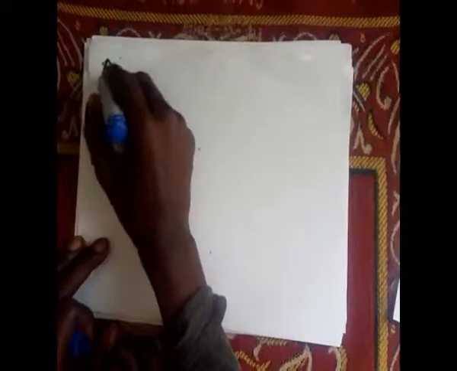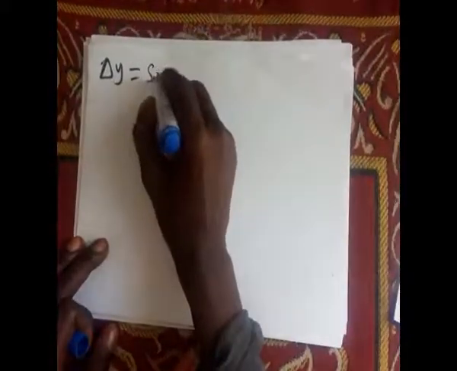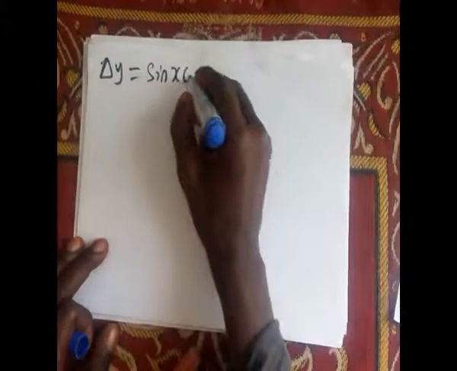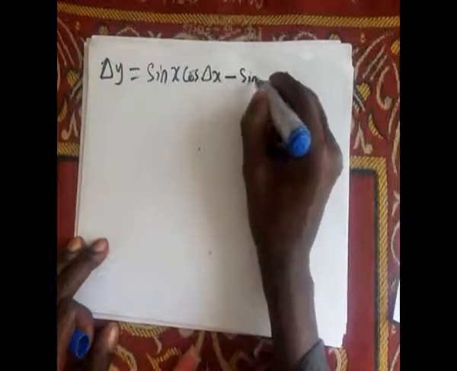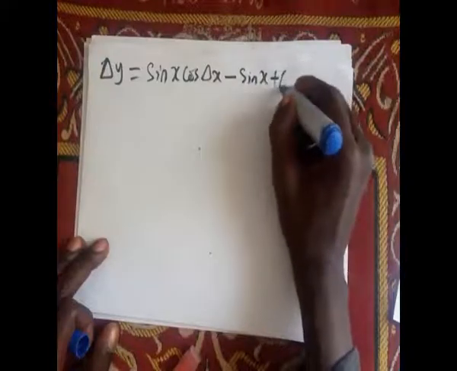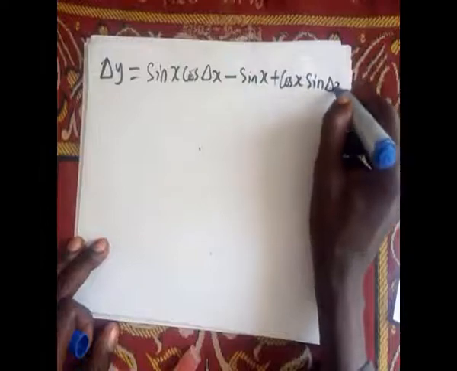Then our next step, we can factor the terms that have sine x. So we have delta y equals sine x cos delta x minus sine x plus cos x sine delta x.